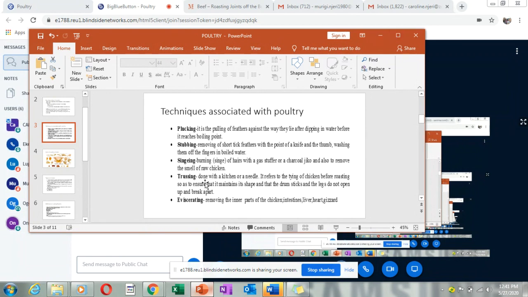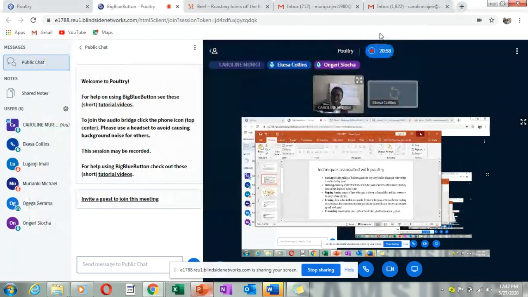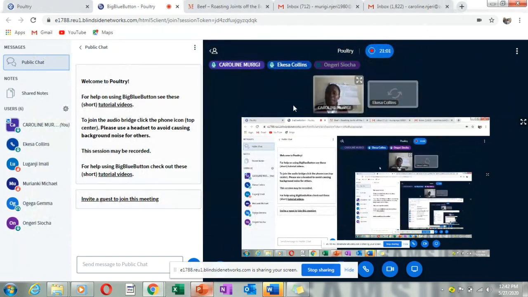Then we have eviscerating. Let me start with the eviscerating, because I think we cannot pass before we eviscerate. To eviscerate is to remove the inner parts of the chicken, like the intestines, the liver, and the heart. You remove them by splitting the back of the chicken, where the excretory system is.